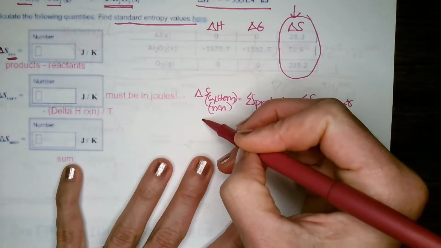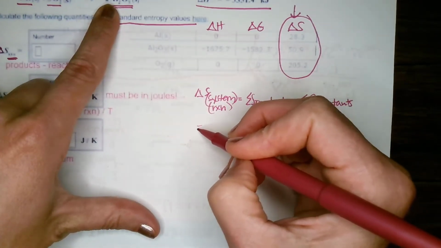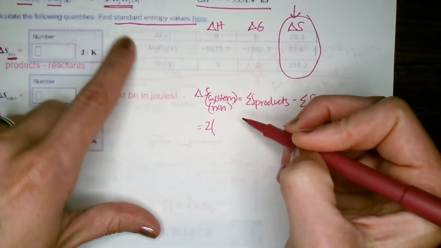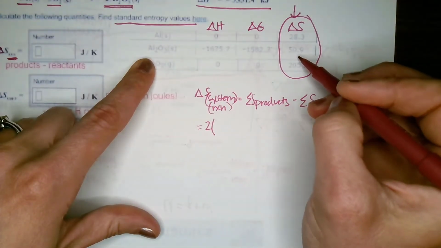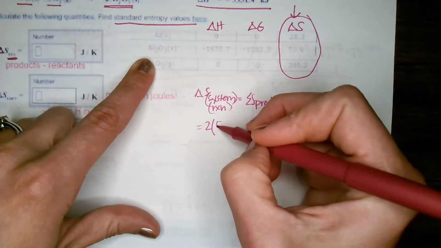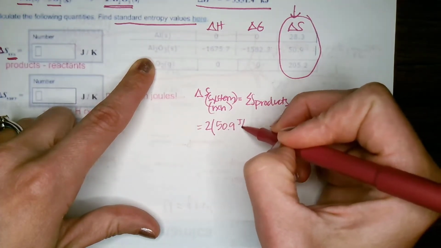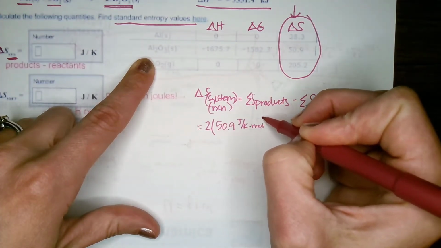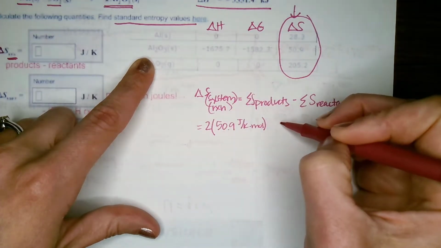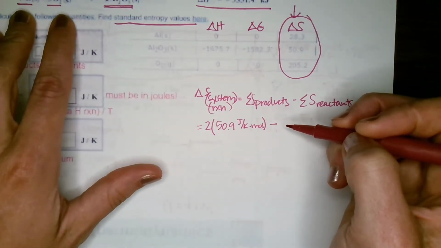So let's do that. We've got our products would be 2 times our aluminum oxide, 50.9. And that's joules per Kelvin mole. So that's our products minus our reactants.